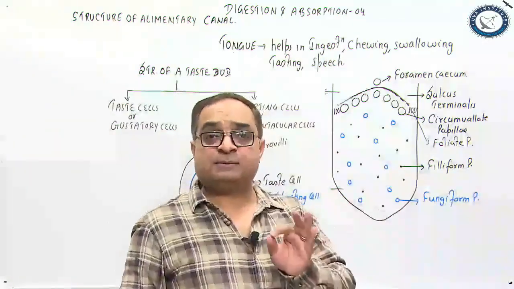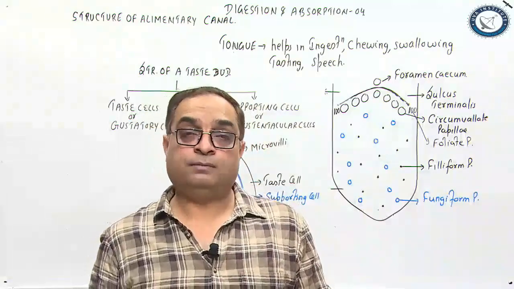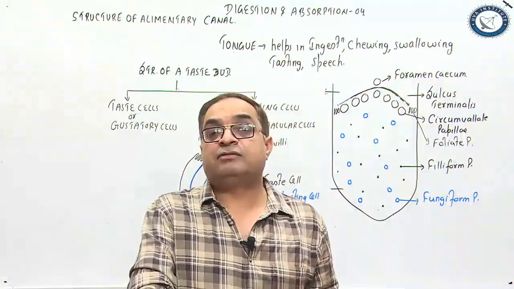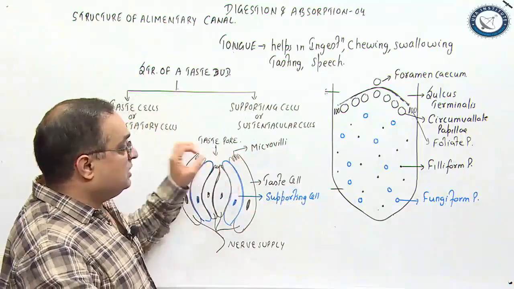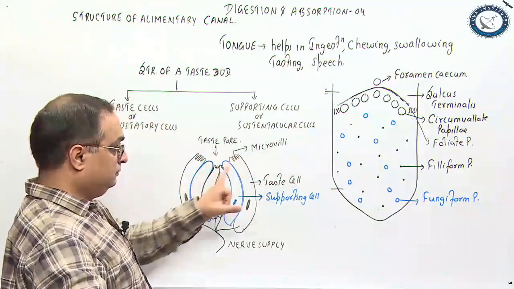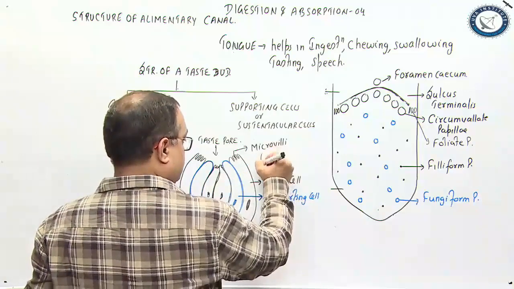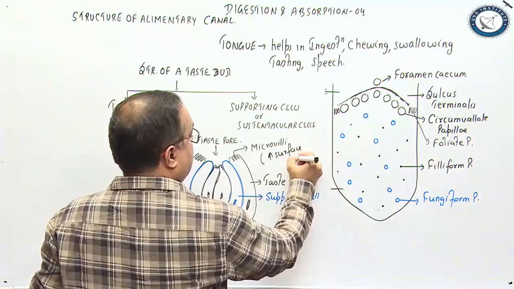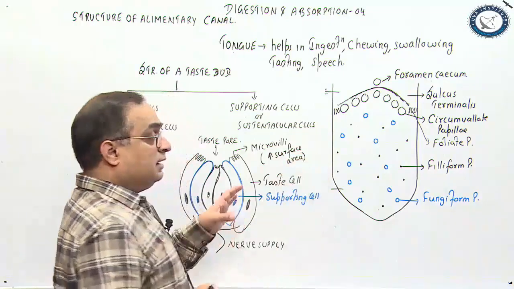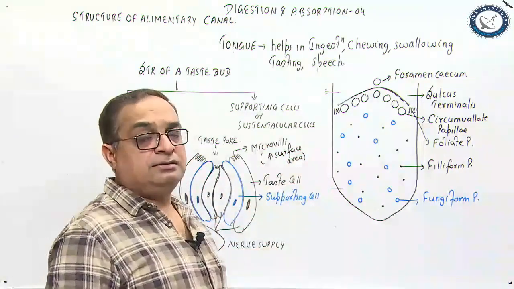Taste buds can taste substances only in their liquid form, right? That's the reason we have mucus in our buccal cavity. Microvilli, they do what? They increase surface area.